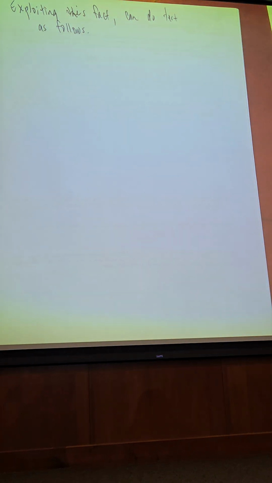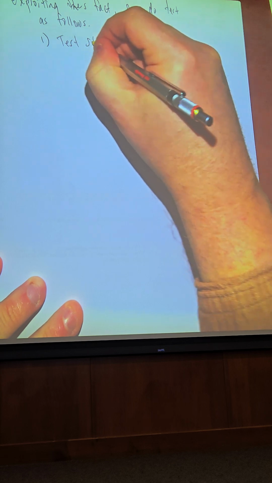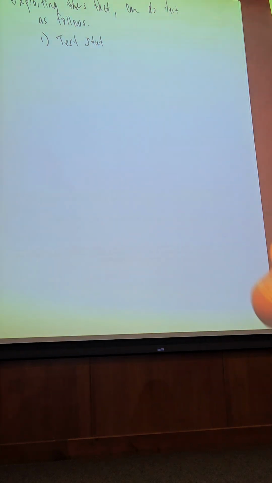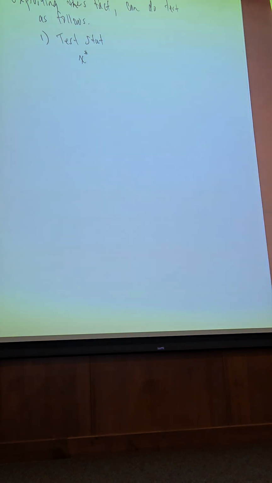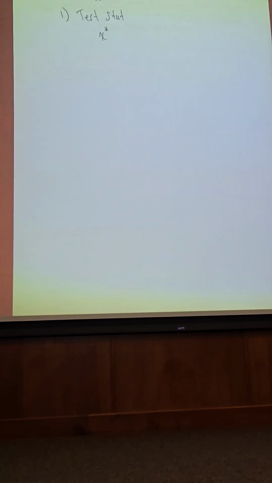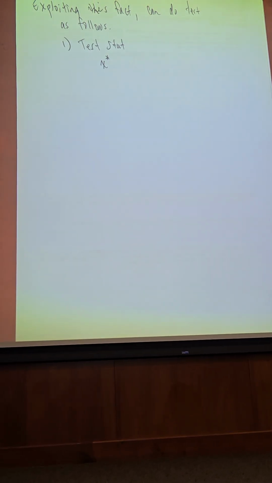My first step in doing a test is to get my test statistic. I'm going to call my test statistic X star. I'm using my own notation here. If you look at the sign test in the book, it's a little loose how they do it, and I think it makes it a little confusing. So when I wrote these notes, I tried to come up with a more rigid framework by which we can work.